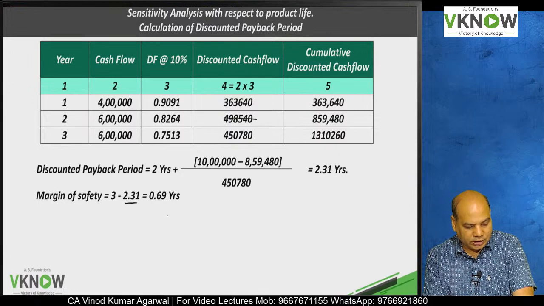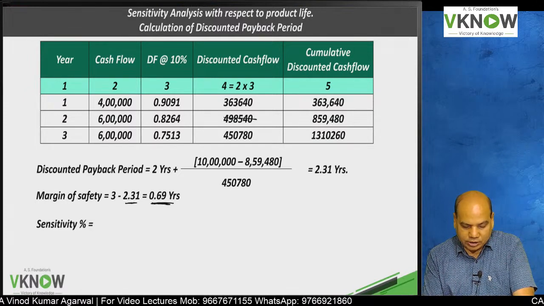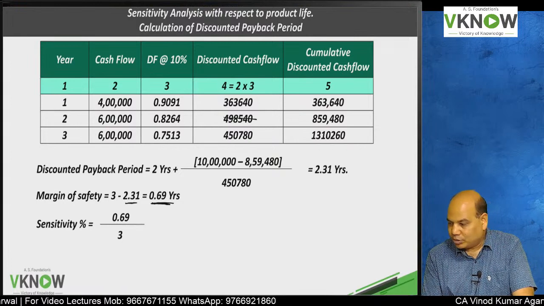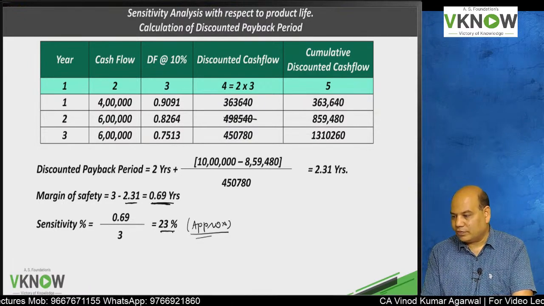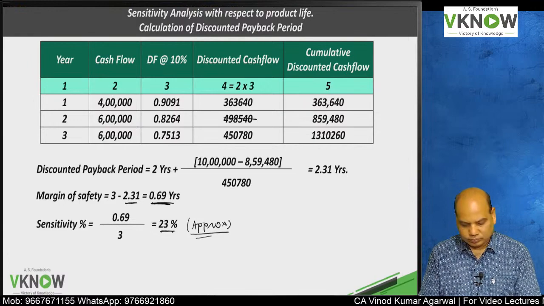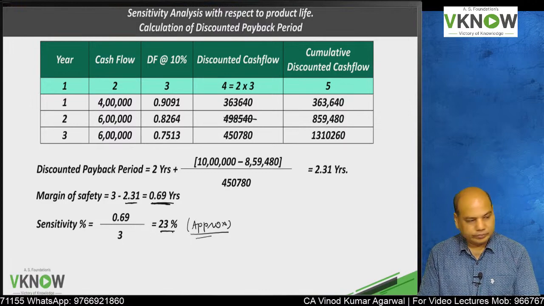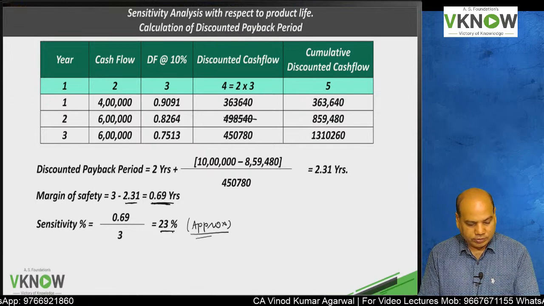So margin of safety is 0.69 years, and therefore sensitivity percentage will be 0.69 divided by 3. 0.69 divided by 3 is 23% approx. Some rounding of difference is okay. Is it right now? This answer is now over.